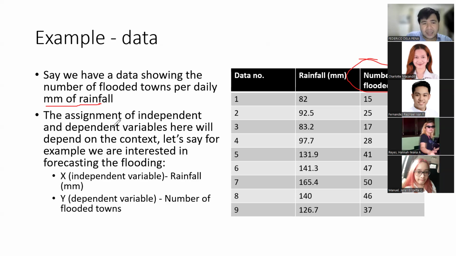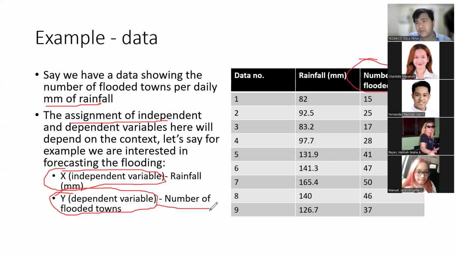right? Let's set the conventions here. The X or the independent variable would be your rainfall in millimeters, daily rainfall. And then the Y or the dependent variable that we're trying to predict would be the number of flooded towns. Again, rainfall data is generally easy to obtain, right?